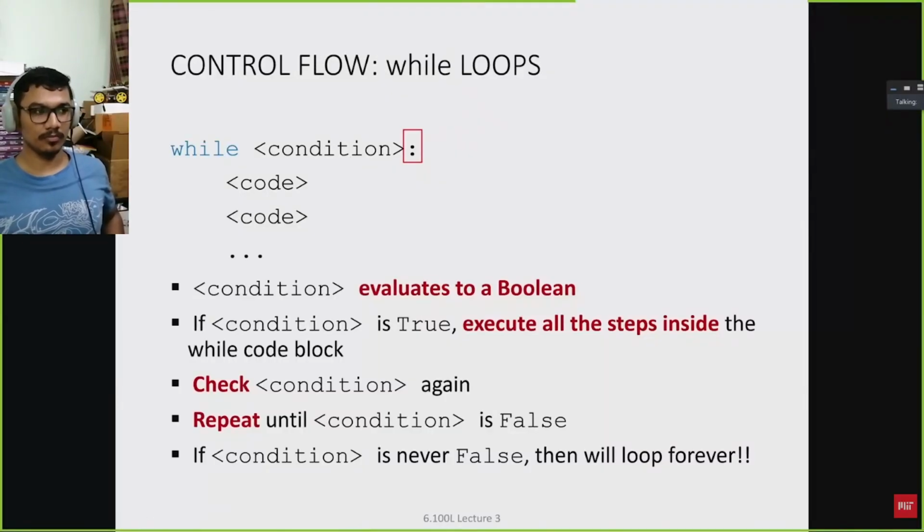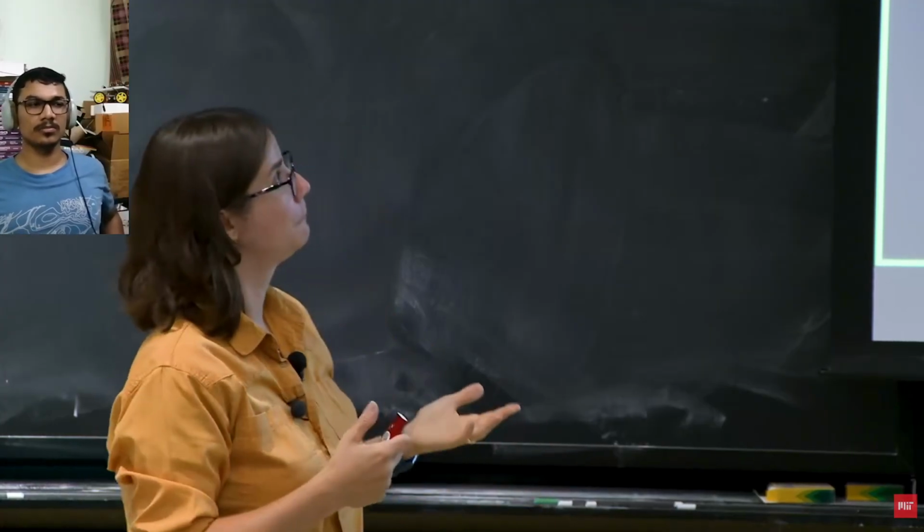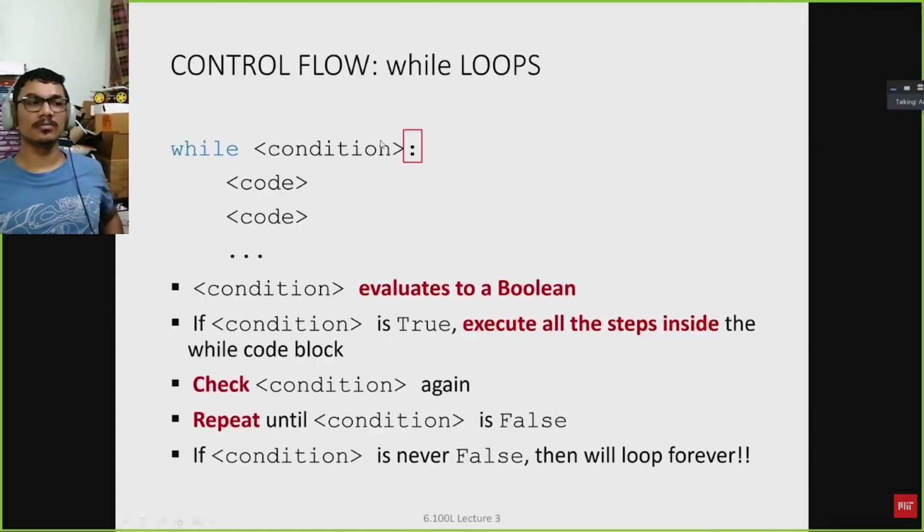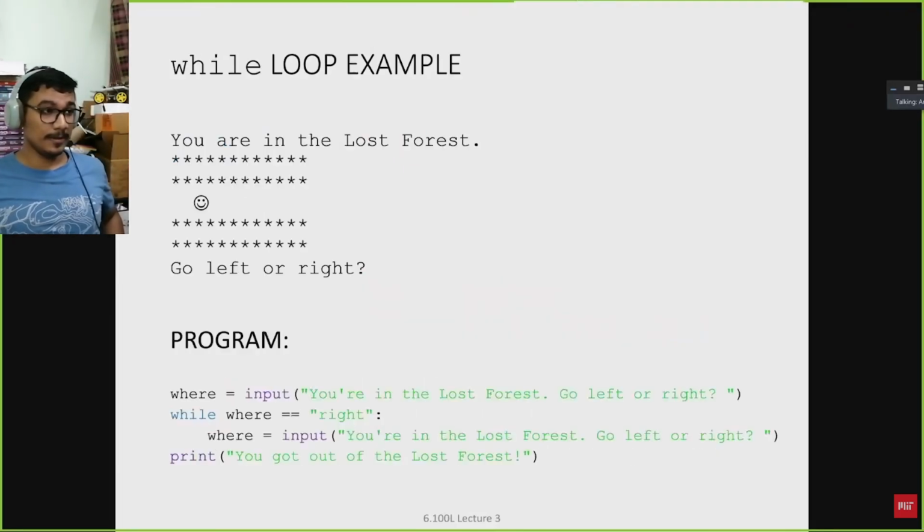So if the code inside is not ever changing anything related to our condition, then it's for sure that this loop will execute an infinite number of times. This is the pitfall of while loops. If you're not careful, your code will execute an infinite number of times and never terminate. I'll show you how to deal with that in a couple slides.